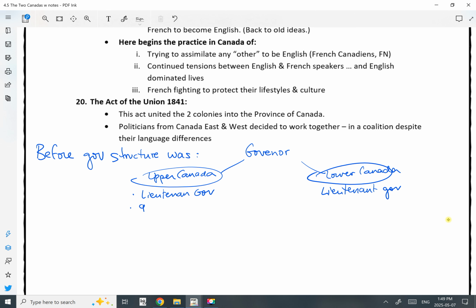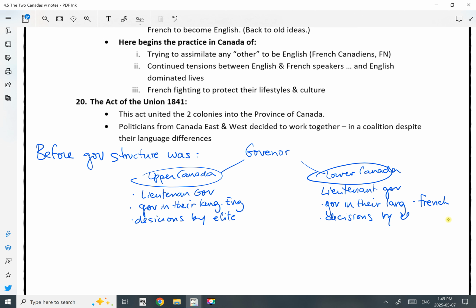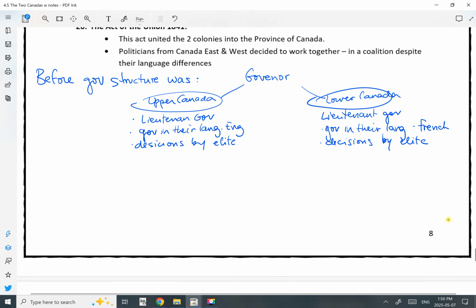Each of them had government in their language. So over here it was English. This was government in their language, and in Lower Canada, that language is French. And decisions by elite. Which is why the majority of the population was grumbling, because their needs weren't met, right?